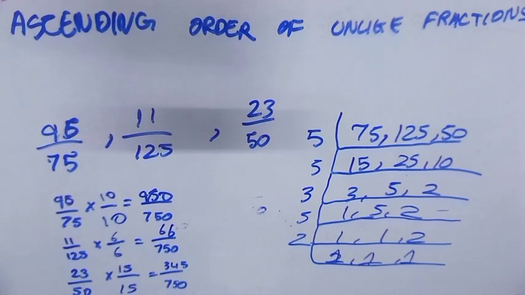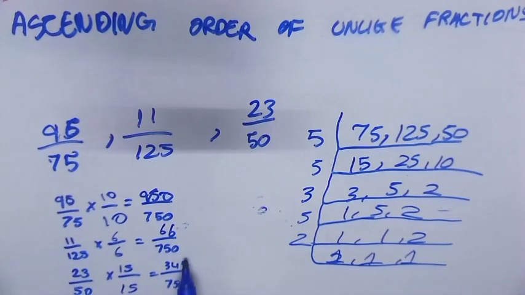You gotta divide 750 by this denominator, so you would get the result as the quotient. So 125 into 6 equals to 750. As I am multiplying 6 with 125, I must also multiply with 11, which would become 66 by 750.